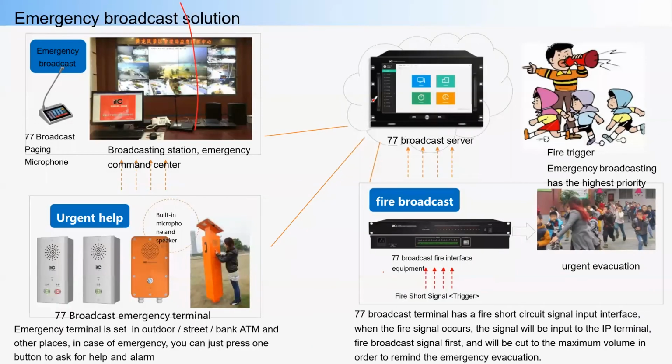Next, we have a very important function, which is the emergency broadcast solution. In the 77 series, many of the products come with short circuit input, which means we can integrate with the fire alarm system through the short circuit input. As you can see, this is the fire interface equipment.